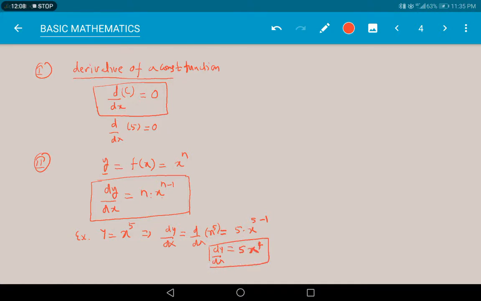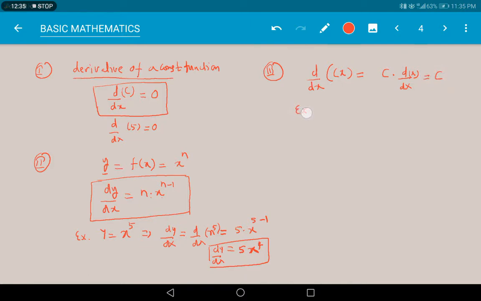For suppose it contains a constant, okay? For suppose d by dx of cx, c as it is we can write in front of the differentiation, so c times d by dx of x, and d by dx of x is 1, so we get c itself.